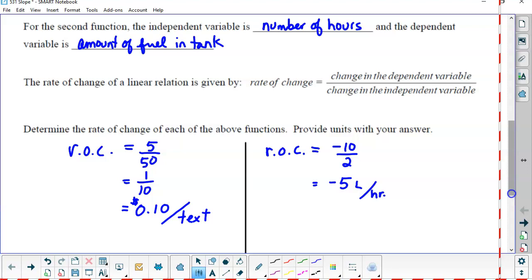So in words, we would say decreasing by 5 liters per hour. So negative and decreasing mean the same thing, right? The decreasing is the word. Okay.